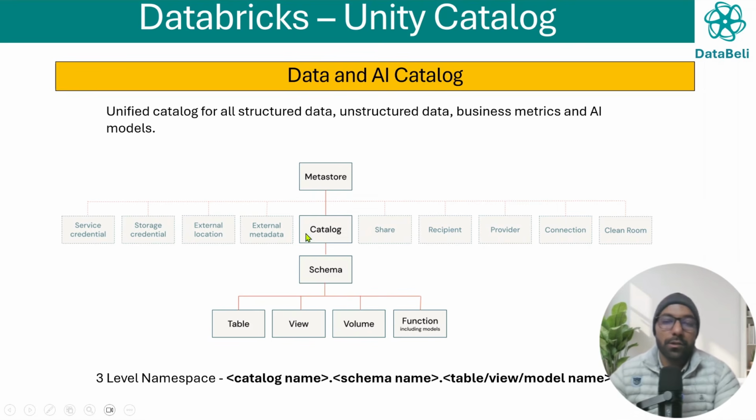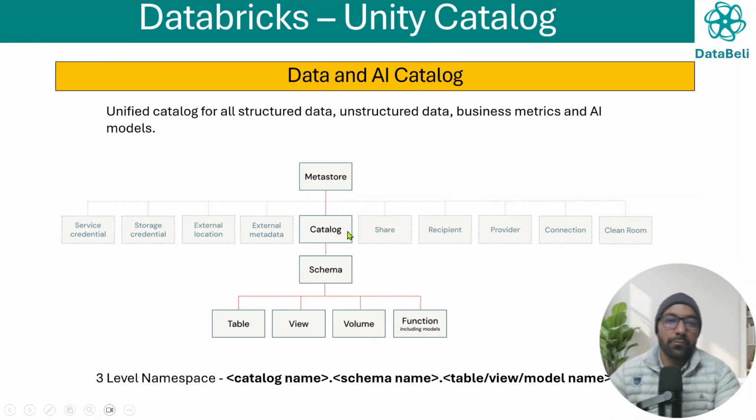So here are all the objects that we can create in Unity Catalog. At the top level, we have a metastore, which we create only one per region. And within the metastore, we have the core component, the catalog. Apart from catalog, it has other standard components as well, which are more from the admin perspective.